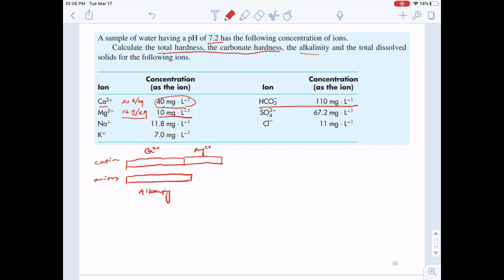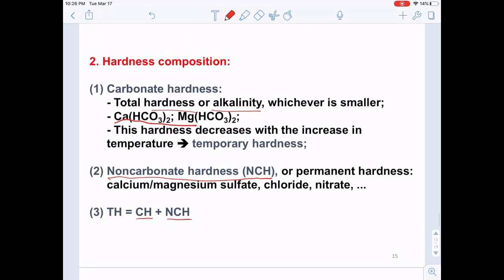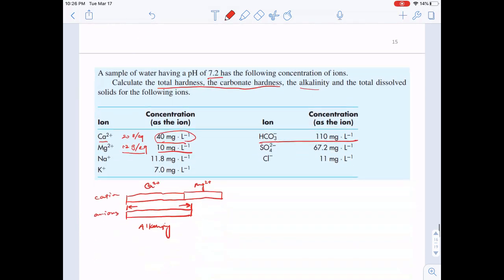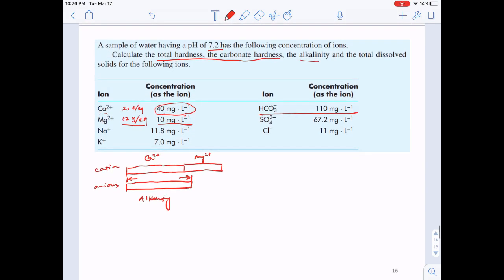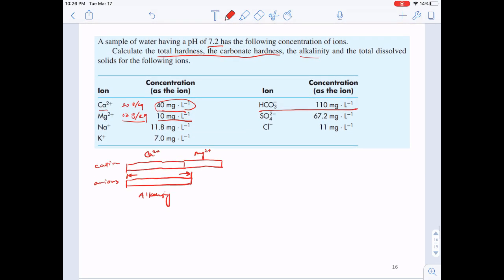Under this situation, the carbonate hardness is just the alkalinity. Basically the carbonate hardness is the total hardness or the alkalinity, whichever is smaller. You see the alkalinity is smaller, so the carbonate hardness is in this region and is the same as the alkalinity. The non-carbonate hardness is then just this region.